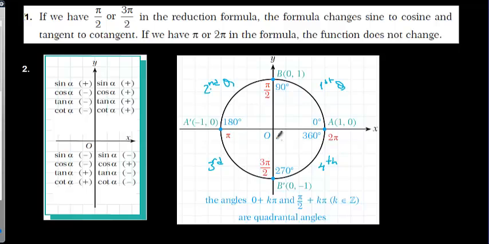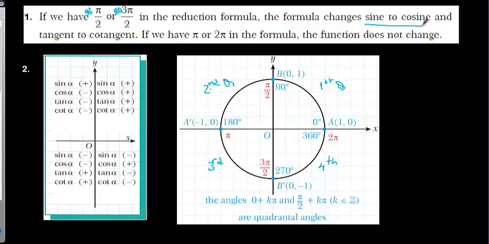So when the angle is given, like 300 degrees here, we are going to relate this angle to the first quadrant and 30 degrees. And we are going to use this text for the formula. The formula involves pi over 2 and 3 pi over 2, which are 90 degrees and 270 degrees.